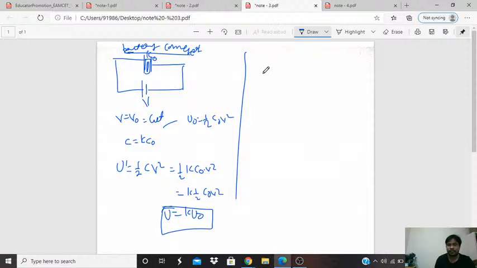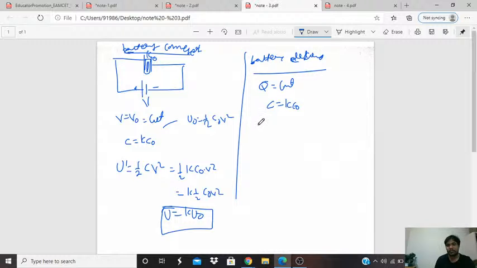Now disconnected. So the battery is disconnected now. See, whenever the battery is disconnected, the charge becomes constant. So charge constant, but capacitance increases, only because the dielectric is placed. Okay.